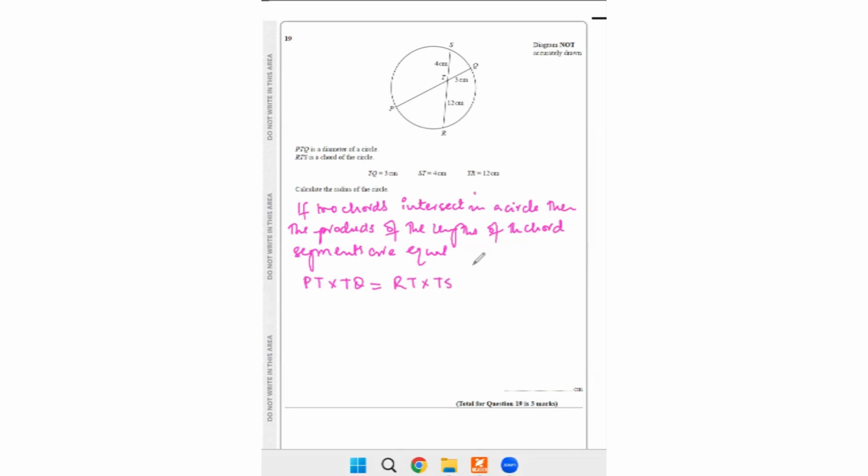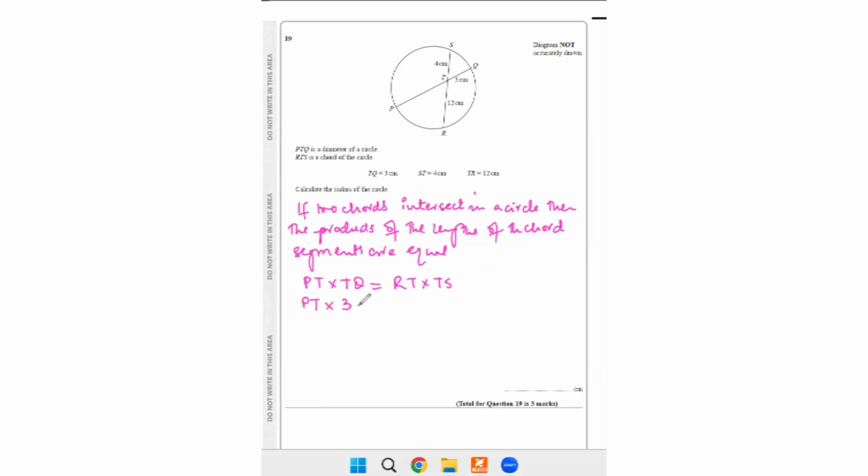This is a rule that most people forget very easily, so just write it down somewhere and remember that the product of the segments of the chords is equal for both the chords. So we don't know what PT is.